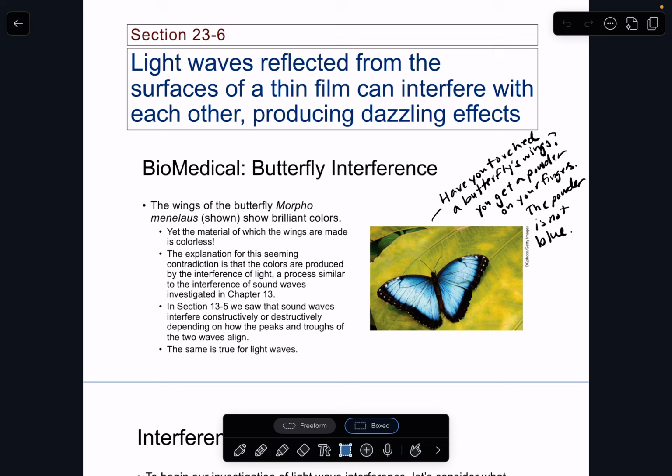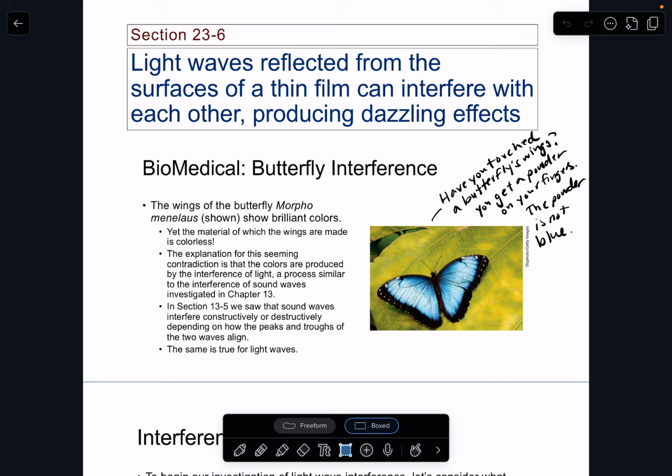And so the question is, well, how in the heck do we get the beautiful colors of a butterfly's wings? Well, that powder creates a film on the wings. And depending on how thick or thin that film is, light will interfere with it and produce constructive or destructive interference of certain wavelengths.